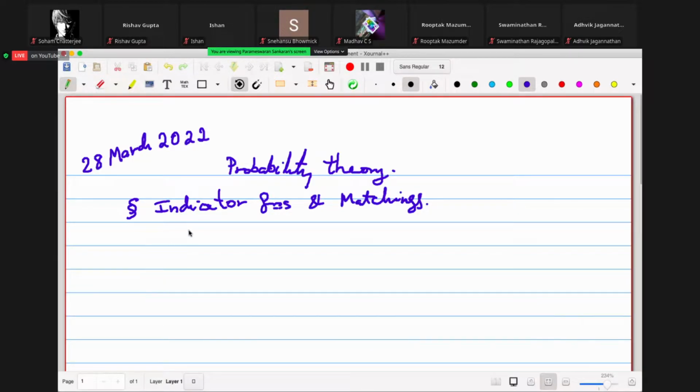Okay. So if A is an event, recall, then 1A, sometimes I write IA, is the indicator function.